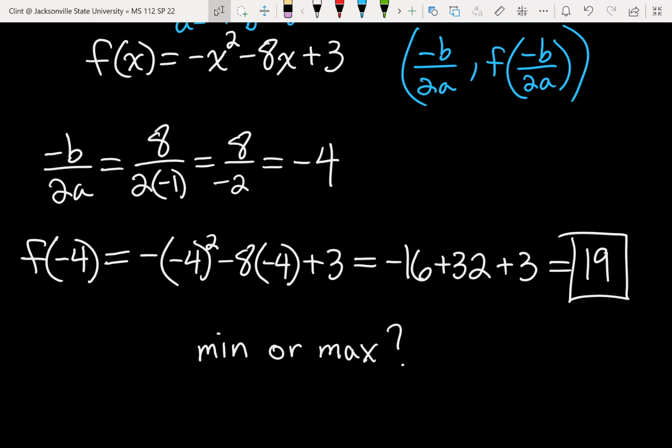Remember how to tell? You look at the number in front of the x squared. This one is negative, so it's frowning. So we'll have a maximum. If our a was positive, it would open up, and we would have a minimum.